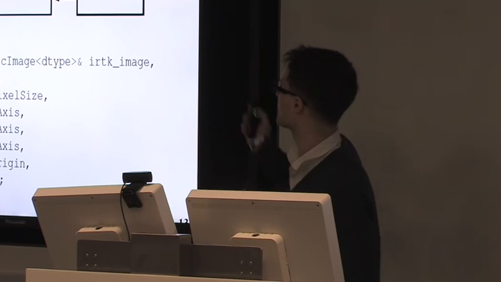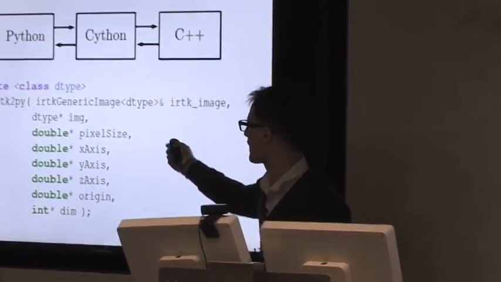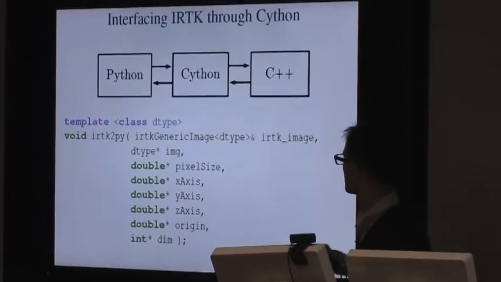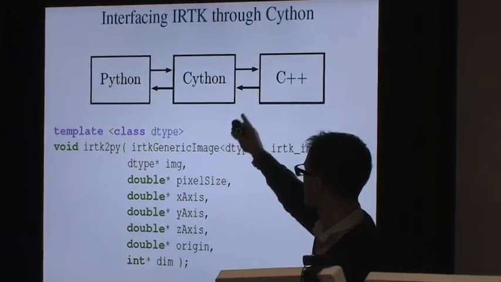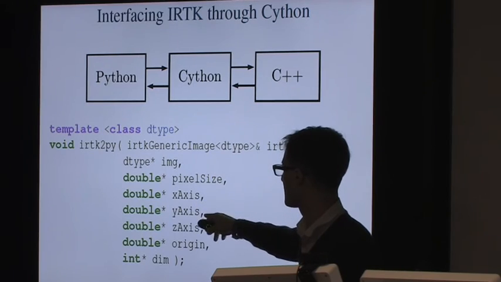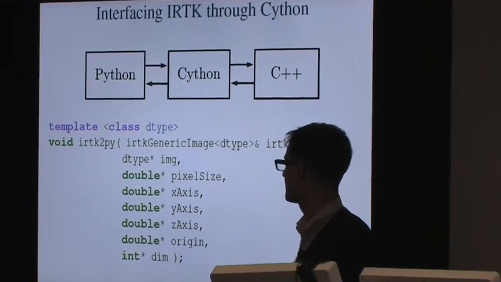So the main thing when doing this interface between Python and C++ through Cython was to write conversions between IRTK and Python, so that in Python I've got my NumPy array, and I give it to Cython. In Cython I split the dictionary into the pixel size, x-axis, y-axis, z-axis. So that's the orientation, the origin, and the dimension.